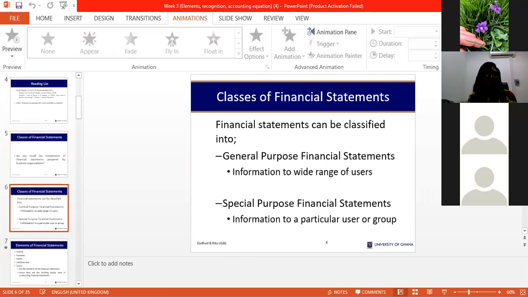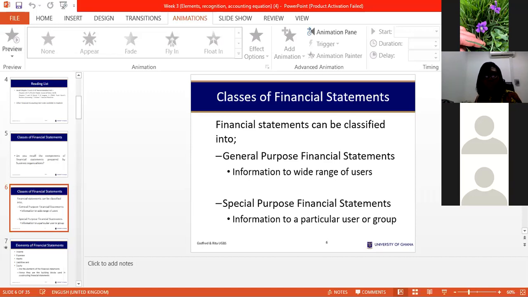Last week, I mostly used the general purpose financial statement, largely because when you look at the conceptual framework, it allows us to provide information to a wide range of users, meaning that every user should be able to pick information that is required from the general purpose.